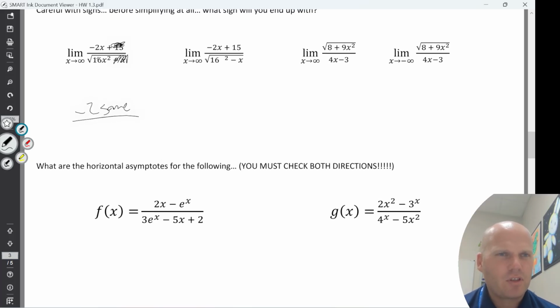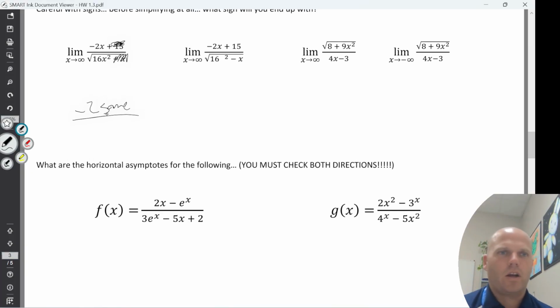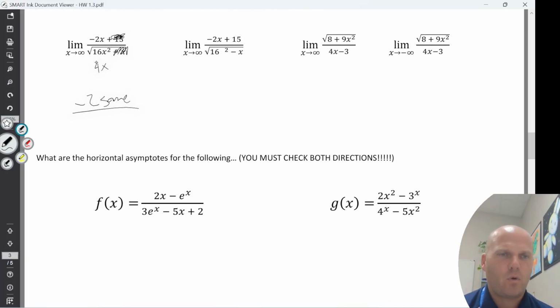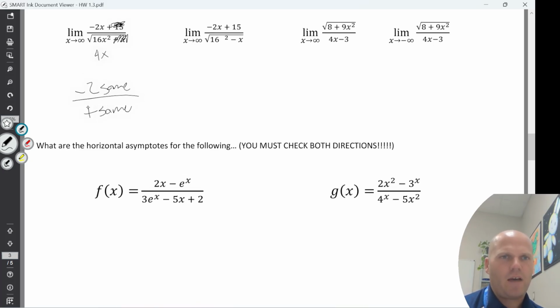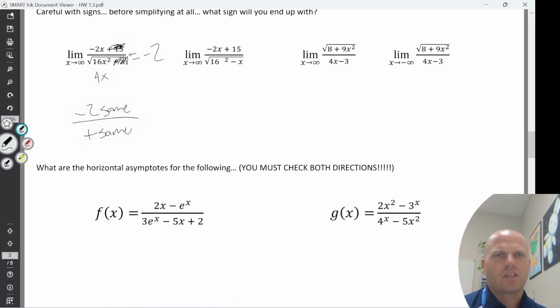In the denominator, I have this positive 16 times the positive root x squared, but it's the positive root 16, so it simplifies to 4x. But it's going to be a positive same because we have to square the value and then square root it. So it ends up as an answer of negative 2.